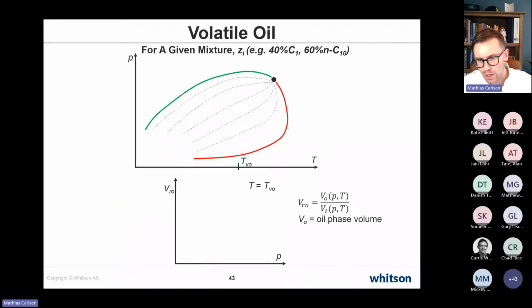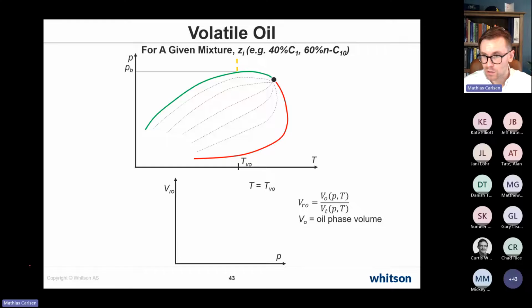So what about a volatile oil? Well, it's still the same. The two things are still important: the critical temperature and the cricondentherm. But the volatile oil will be closer to the critical point, for instance, here. Typically, it has a higher GOR, so it will also have a higher bubble point.